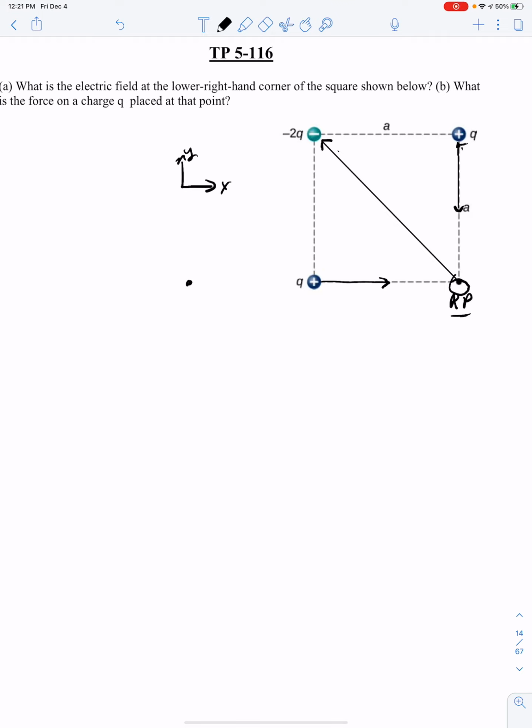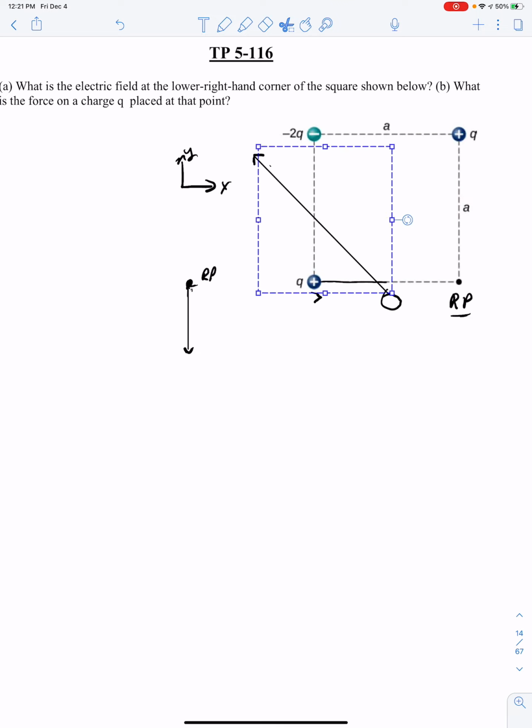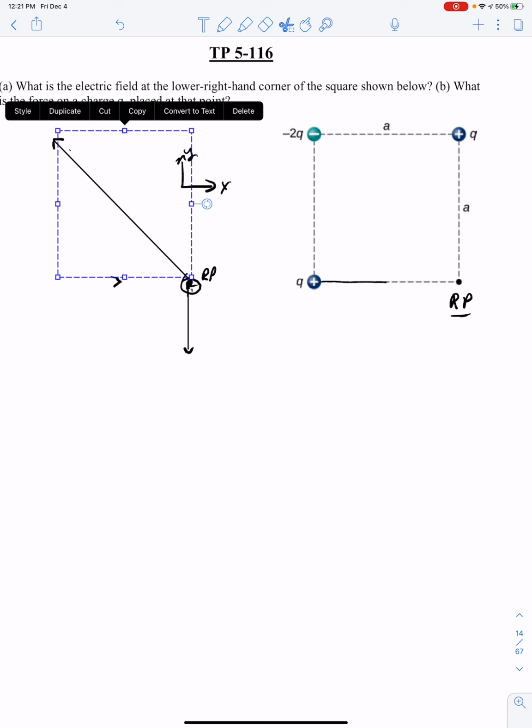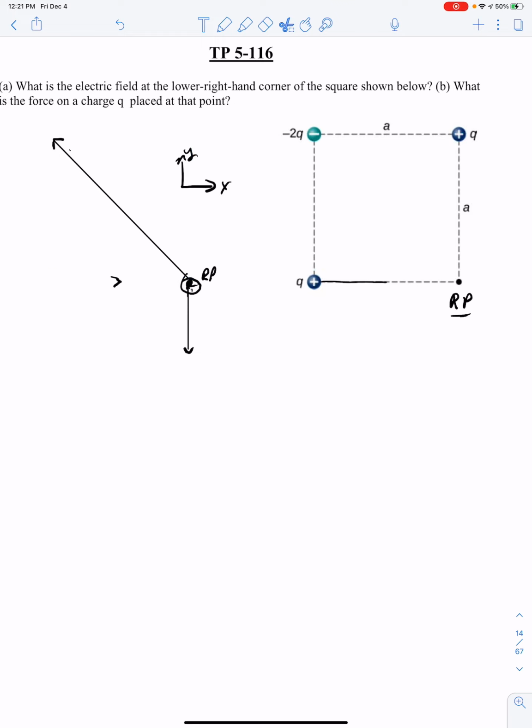This is my reference point. I can rearrange this by moving this right here, moving my negative one right here, and moving this one like this.